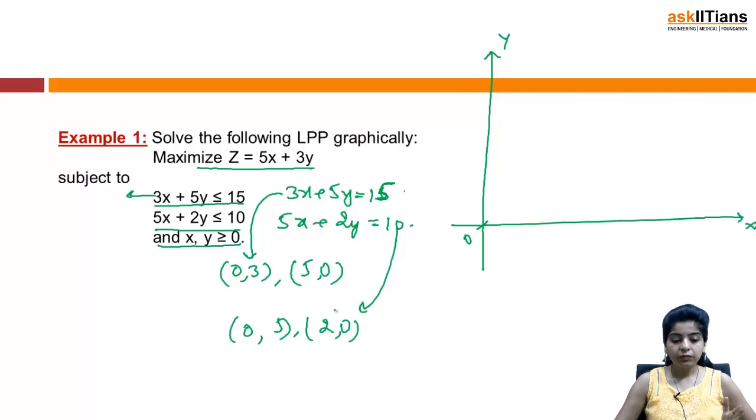Now my first points are 0, 3 and 5, 0. Let me assume this is 5, 0 and this is, suppose, 2, 0. And then I have 0, 3 and 0, 5. So suppose this is my 0, 3 and this is my 0, 5.